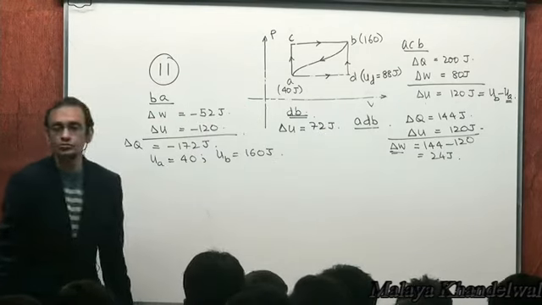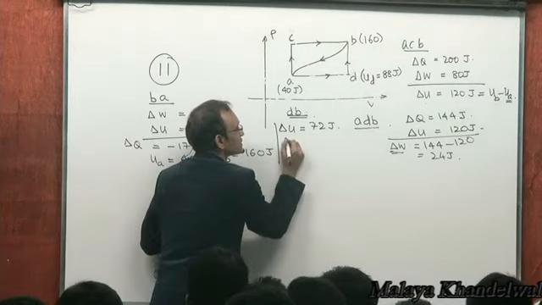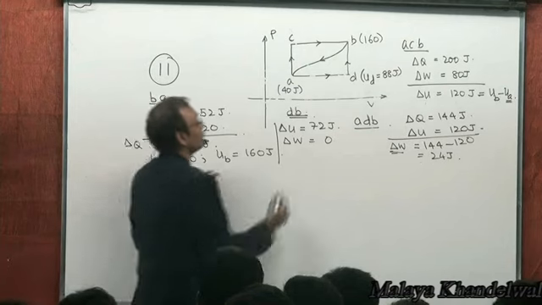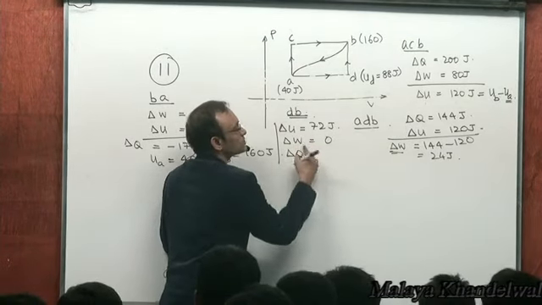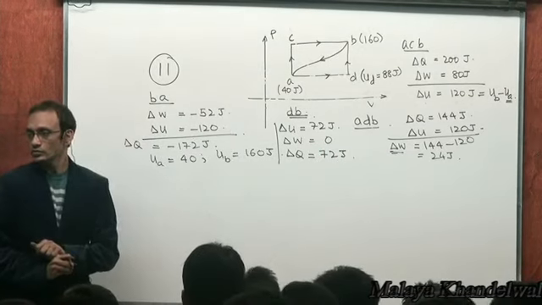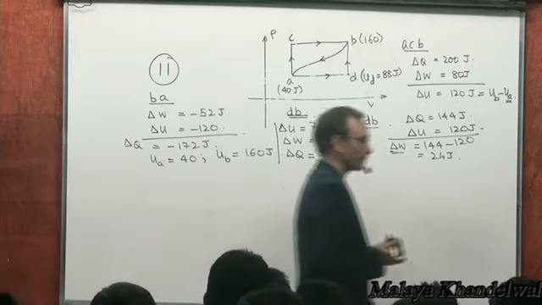UB minus UD. Work done is 0. Why? Isochoric process, and therefore the heat supplied from D to B must be this plus this, which makes it 72 joules. Yes or no? Right?